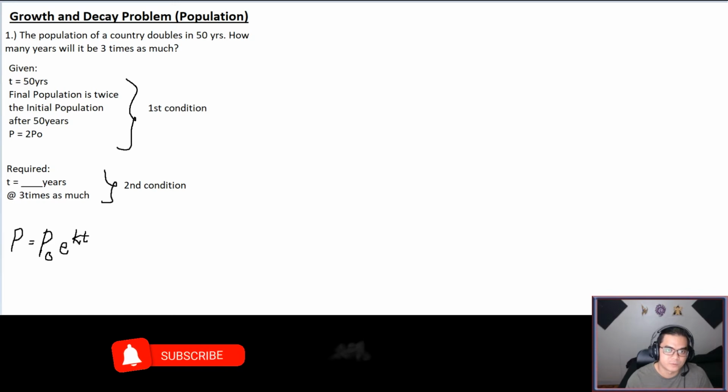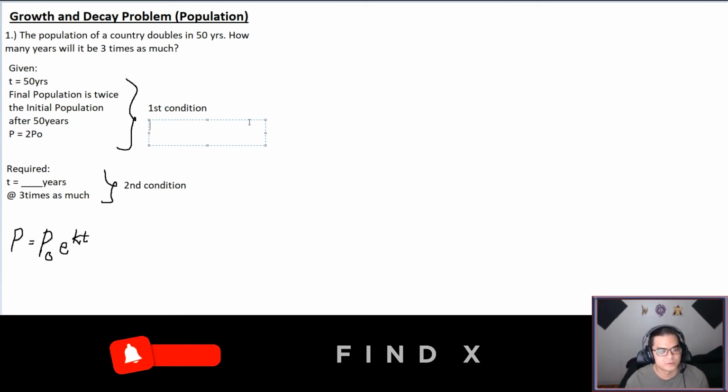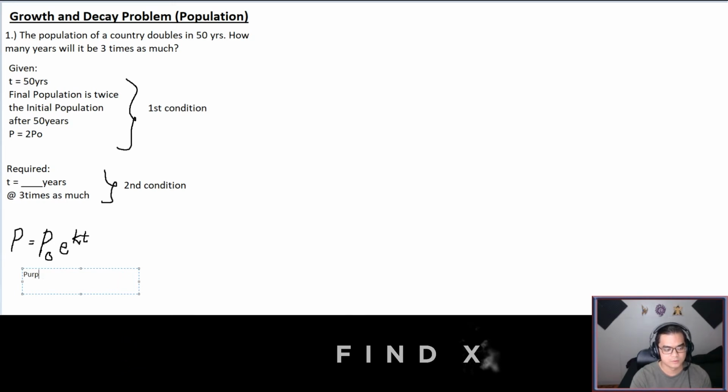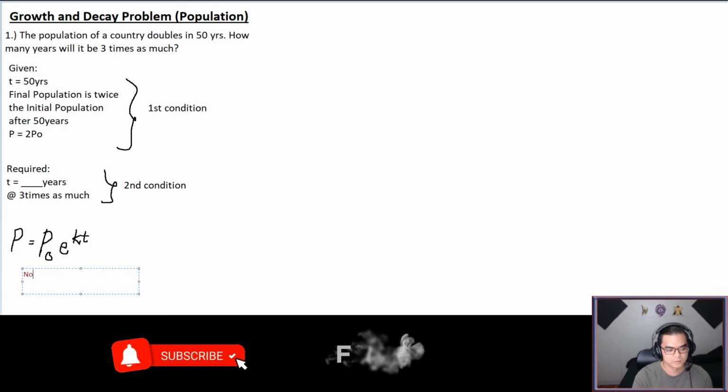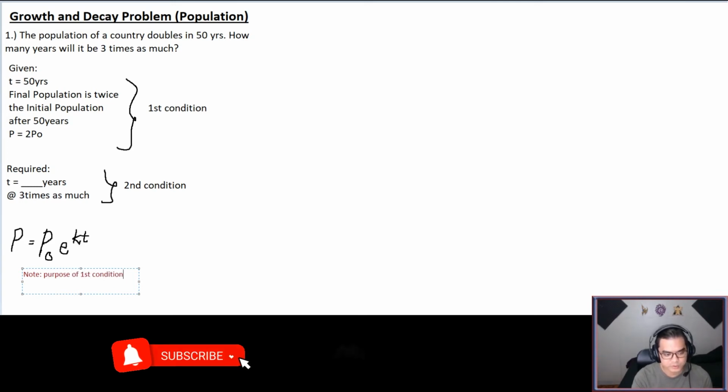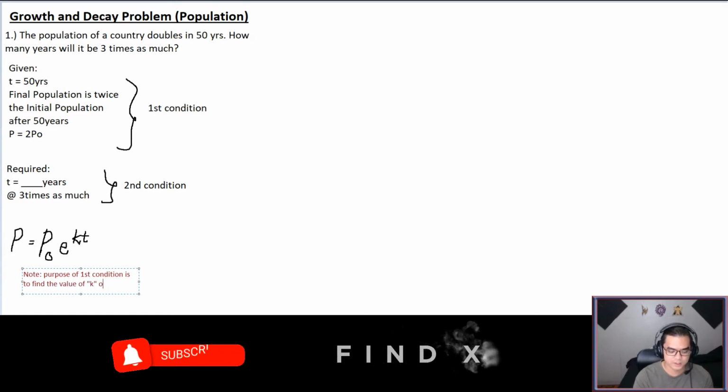Remember that the purpose of the first condition is to find the value of k, or the proportionality constant.